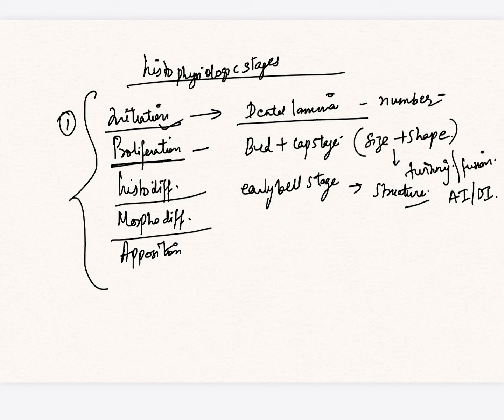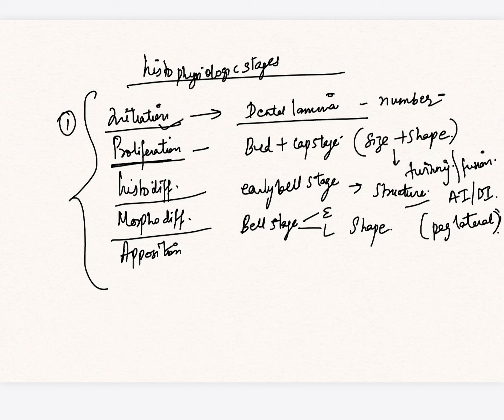Next is morphodifferentiation. Morphodifferentiation occurs during the early and the late bell stage. As the name suggests, if there is disturbance in the morphology of the tooth, the shape of the tooth is changed, like peg lateral, mulberry molar in congenital syphilis, like that.